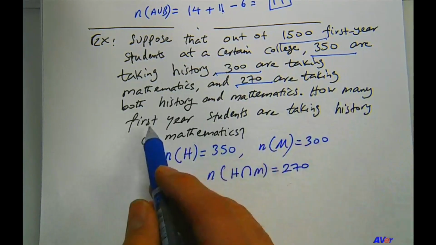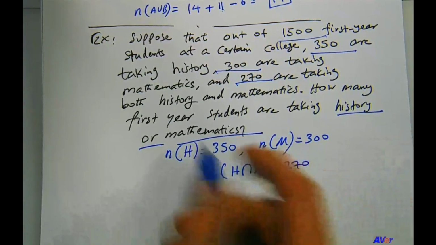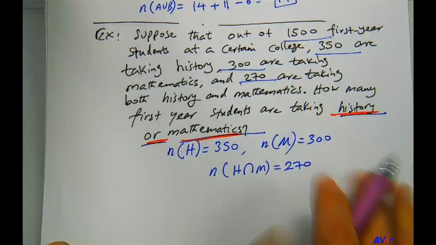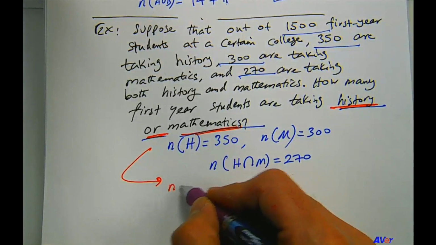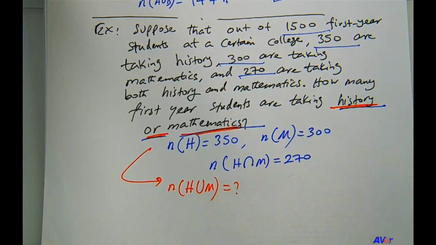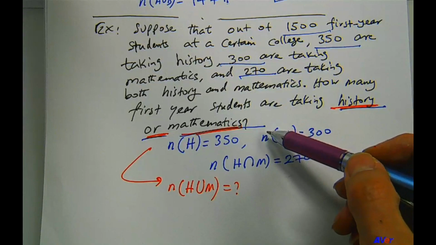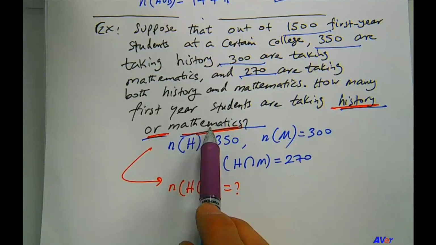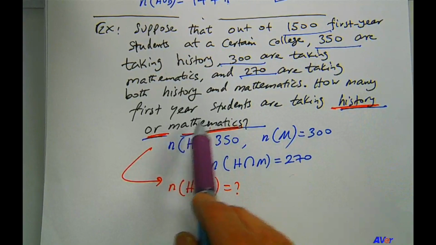So how many first-year students are taking history or mathematics? This phrase, history or mathematics, translates into the union symbol. So history or mathematics is under the question. Let me add quickly, in statistics and probability, whenever you read this or that, it's implied that it's history or mathematics or both.